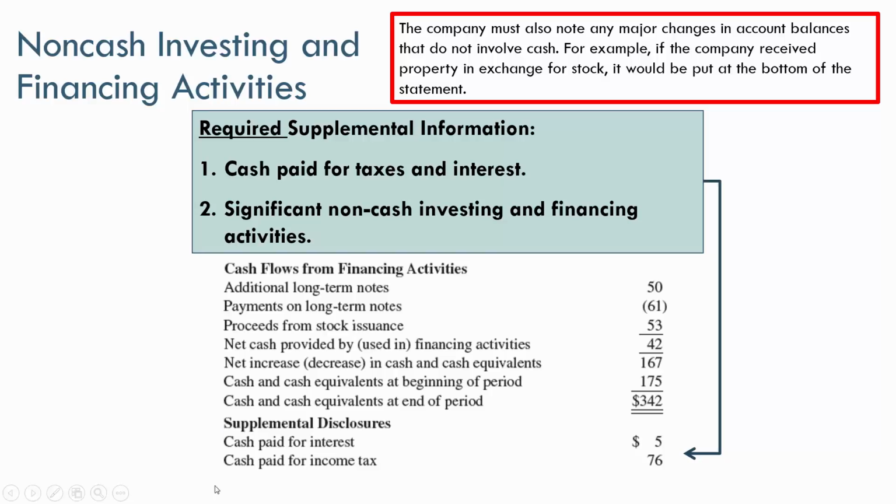I would refer to this as a note. This is a note that is attached to a financial statement, just like when you're writing a term paper and you want to put in a footnote. This is a footnote disclosure. That's what it is, just a footnote that explains further this activity which is occurring, that is either a non-cash activity, which is the 2 up there, or the cash paid for taxes and interest. Just something that's added at the bottom.